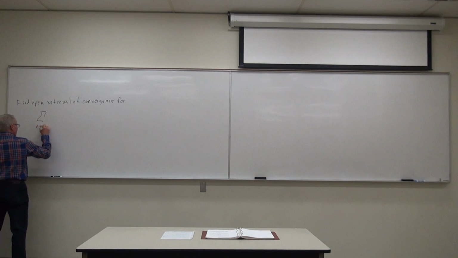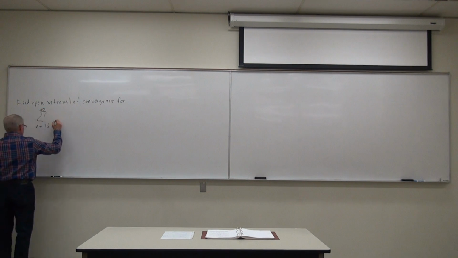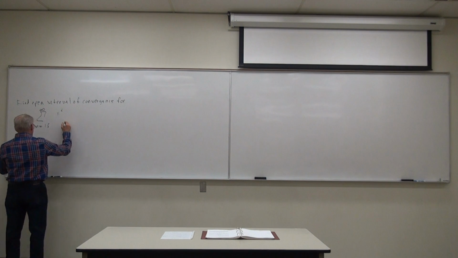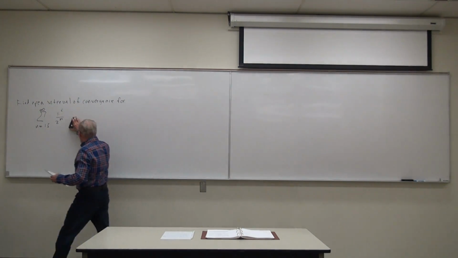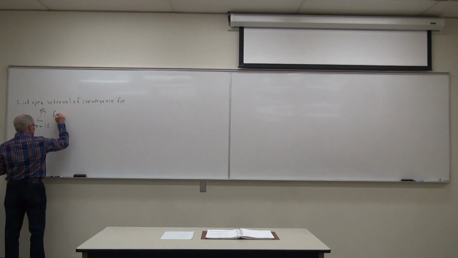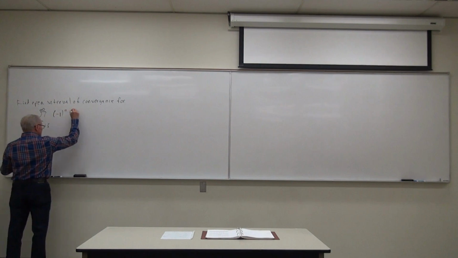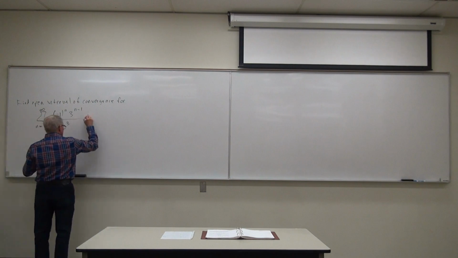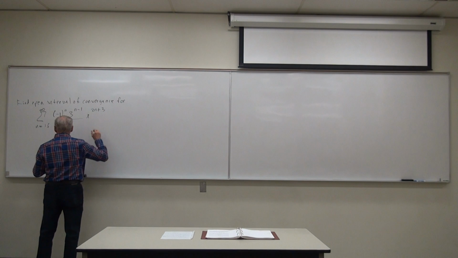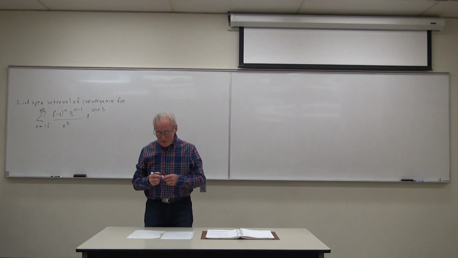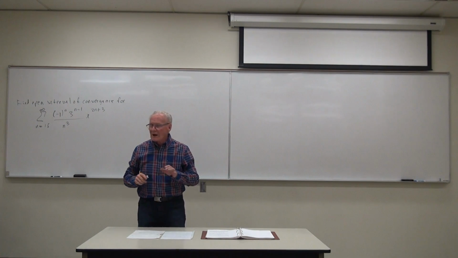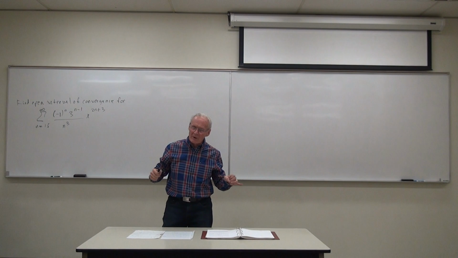Summation n equals 1 to infinity, (-1)^n 3^(n-1) over n cubed x^(2n+3). Find the open interval of convergence, which means I find the radius of convergence, and that's the key. I do not have to check the endpoints if there are endpoints.